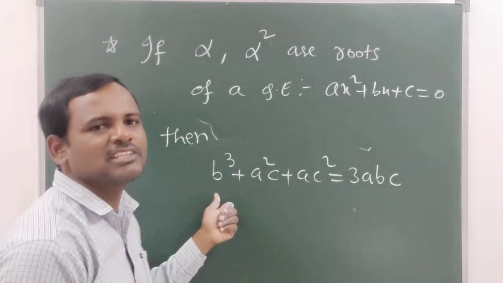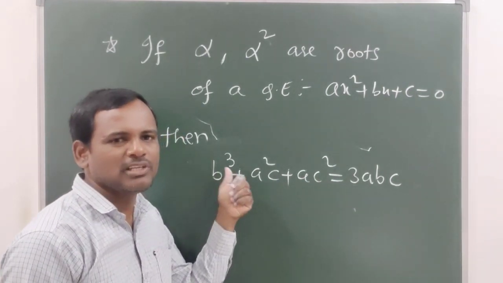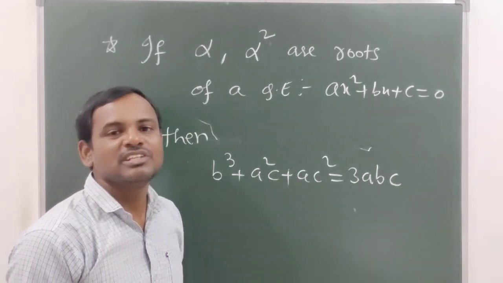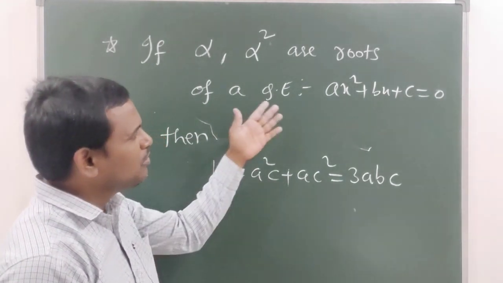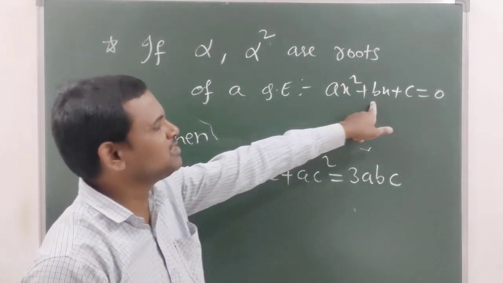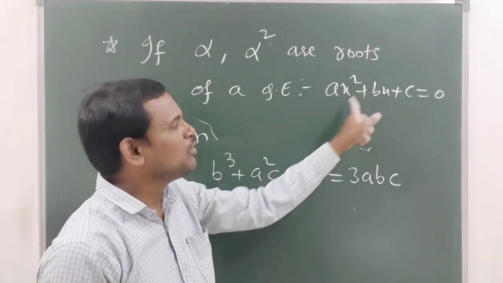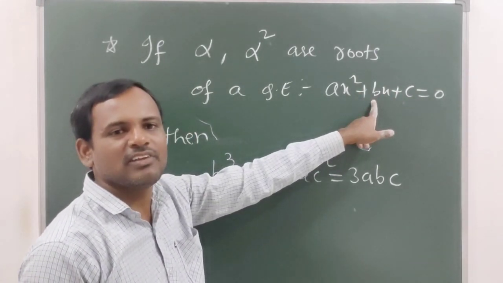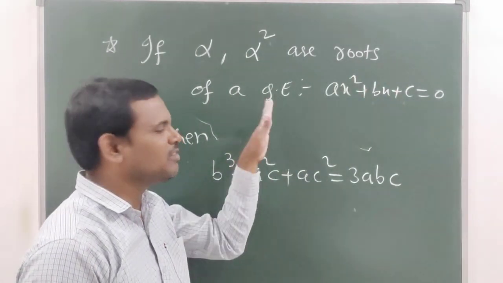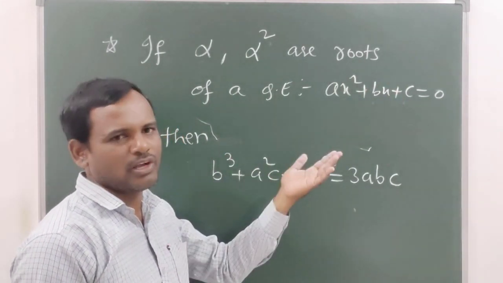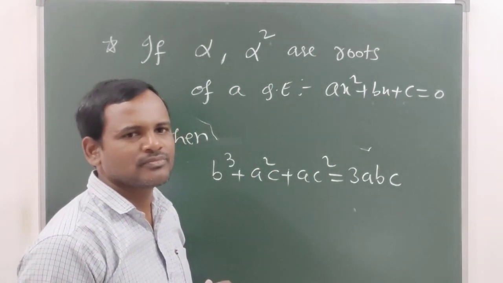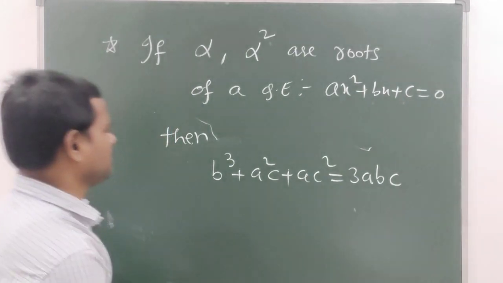Just remember it like a standard result: b cube plus a square c plus ac square is equal to 3abc. From this one also we get the same model of application. Here, in the place of a, b, c, only two constants they will write. In the third place they will write an unknown value and ask us to find that unknown value. Just use this relation and find that unknown value.